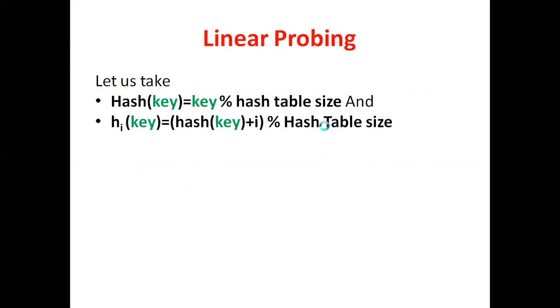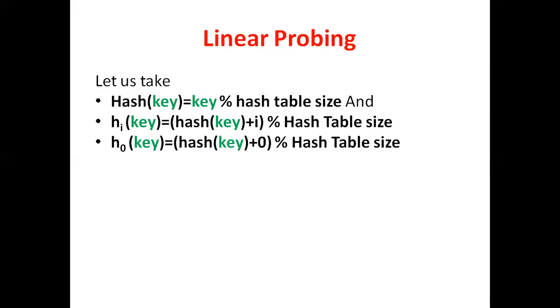Now let us take h_i(key) = (h(key) + i) mod hash table size. This is the basic formula for linear probing, where i is an integer that starts from 0, 1, 2, 3, and so on up to n. So h_0(key) = h(key) + 0. This is for the first key when you are inserting into a hash table.